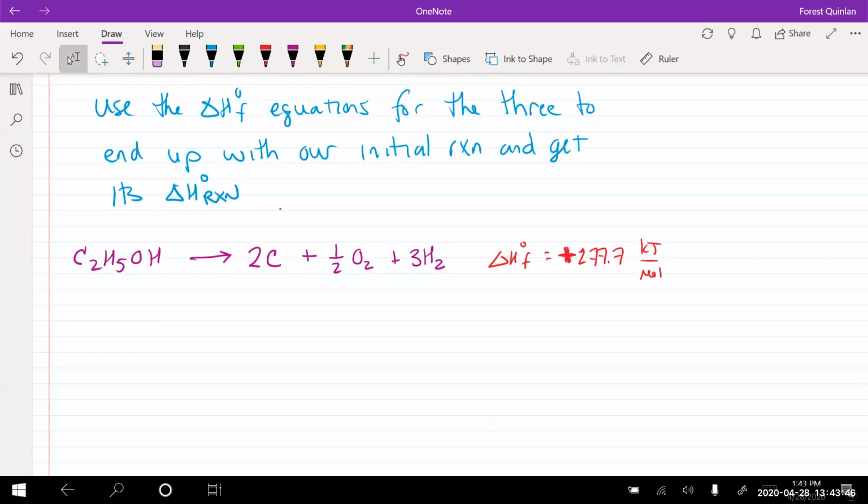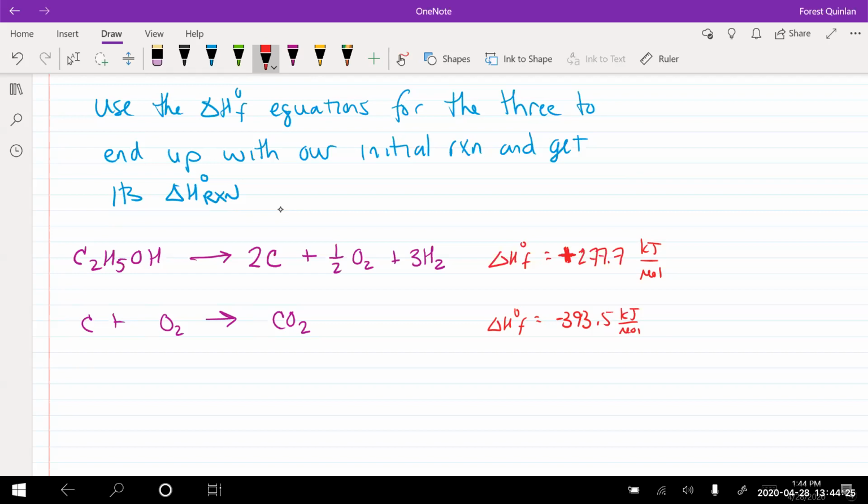Let me write the carbons plus the oxygens make the CO2, and let me go ahead and put its delta H naught of formation, which can stay how it is, negative 393.5.